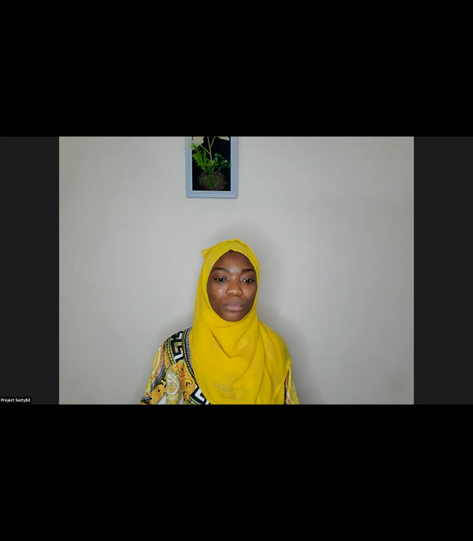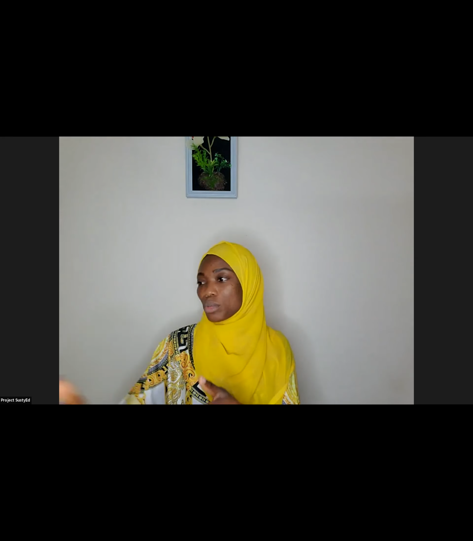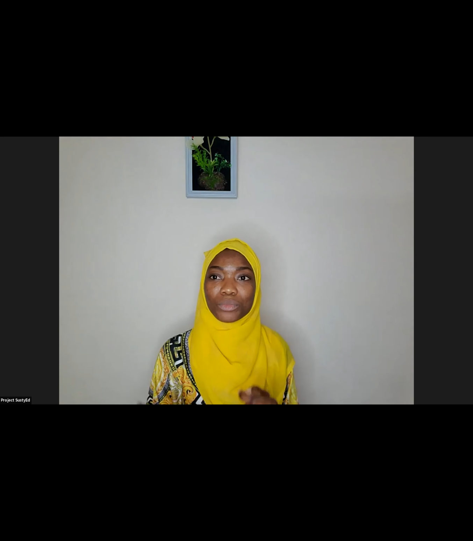They don't do it in such a way that boys will be at the front, girls will be at the back. Because most of the time, the people at the back don't get carried along as much as people at the front. So they divide it into maybe boys on one side, girls on one side. And sometimes they also change the model just to allow them to interact well.